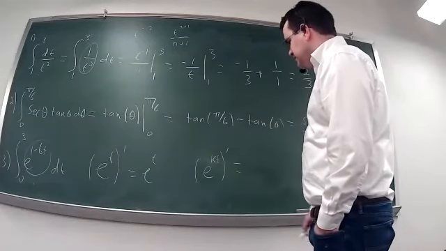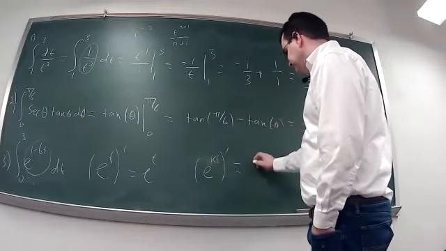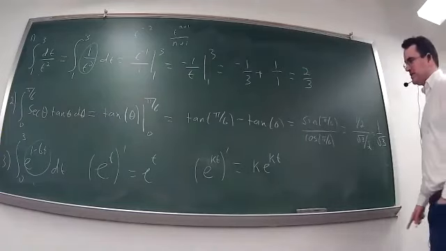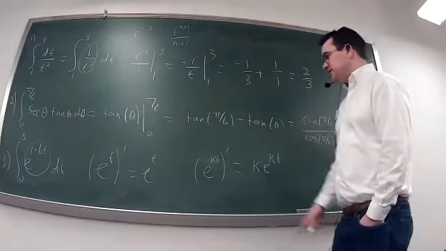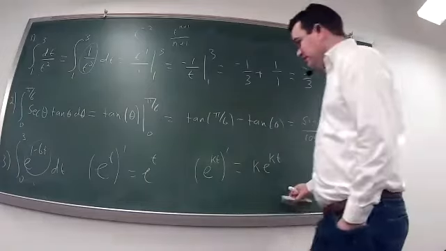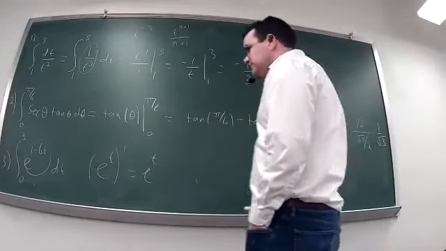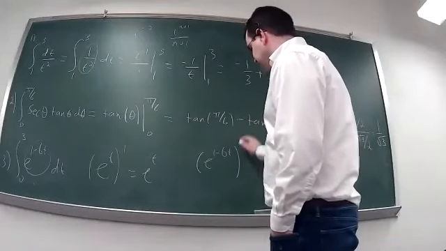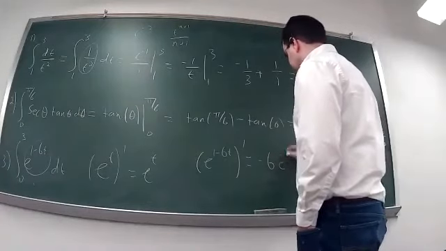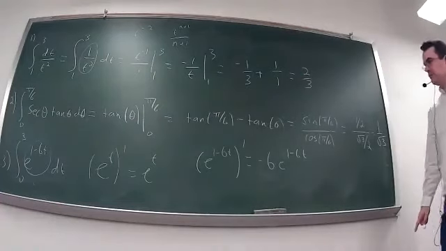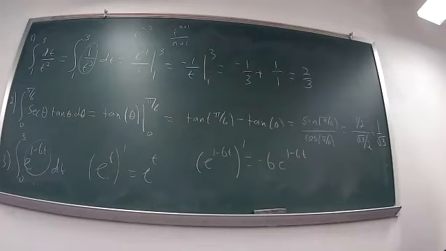The answer was something like k times e to the kt, because this was e to the kt times the derivative of the inside function, which is telling me that if I took the derivative of e to the 1 minus 6t, that would give me minus 6 times e to the 1 minus 6t, which basically solves the problem for me.